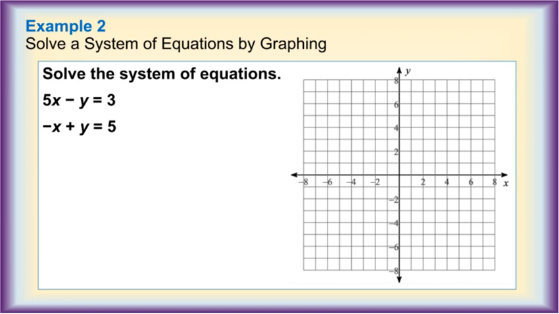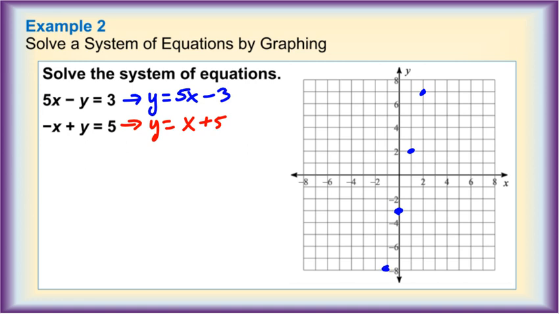Example 2 is now going to be graphing them. To graph them, it'd be easier to put them in y equals mx plus b format. For this one, I'm just flipping the y and the 3 around, so this would be y equals 5x minus 3. And this one would be y equals, add x to both sides, so it would be x plus 5. So let's graph them. Put a point at negative 3, up 5, to the right 1, or you go down 5 to the left 1.